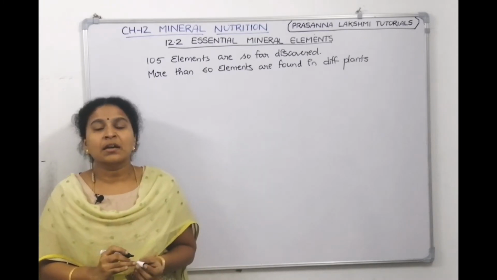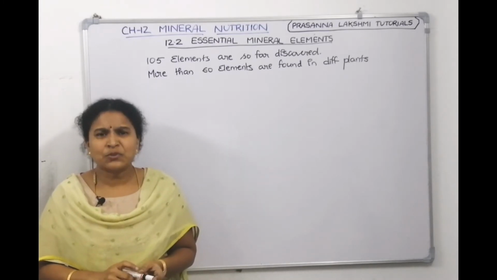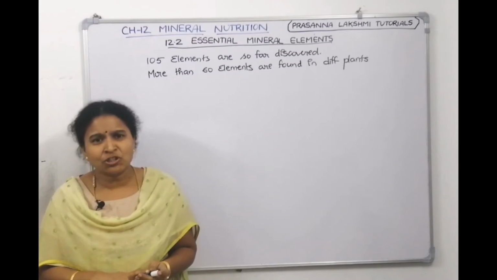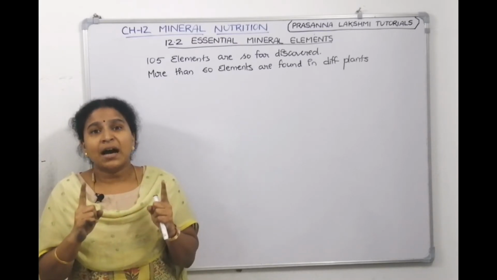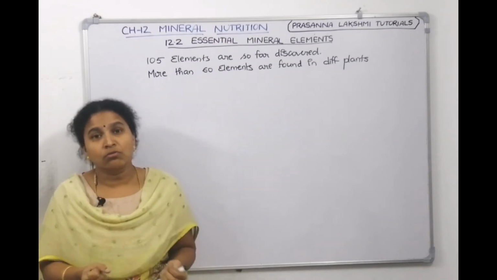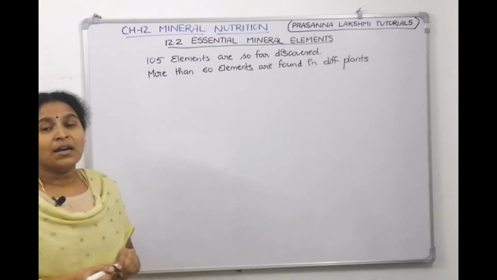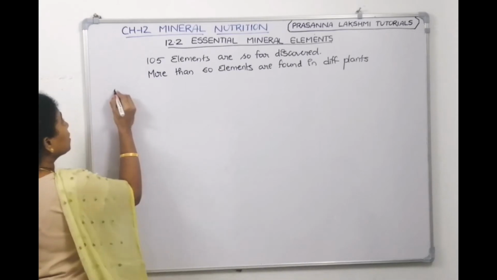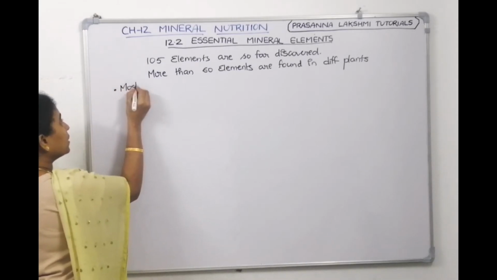Understood children till here? Now, how will the plants absorb minerals? That is a question. Most of the minerals are absorbed by the plant from the soil through the roots.